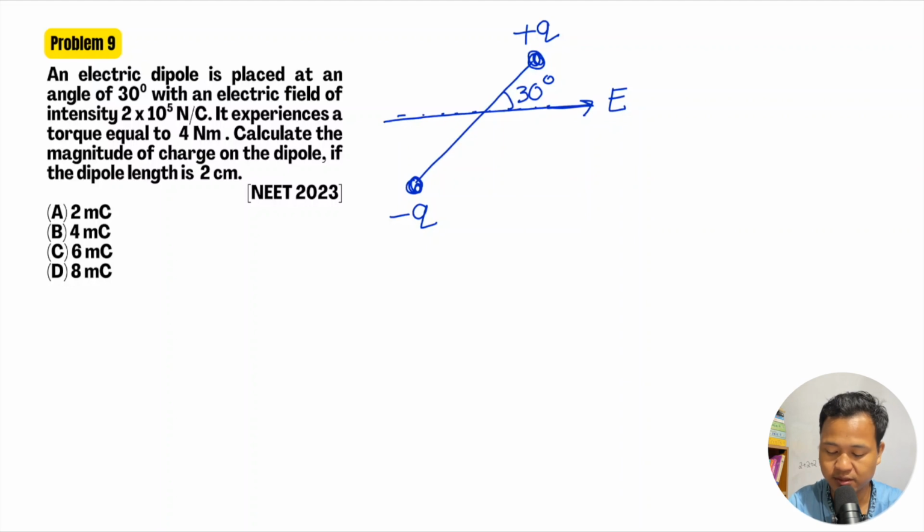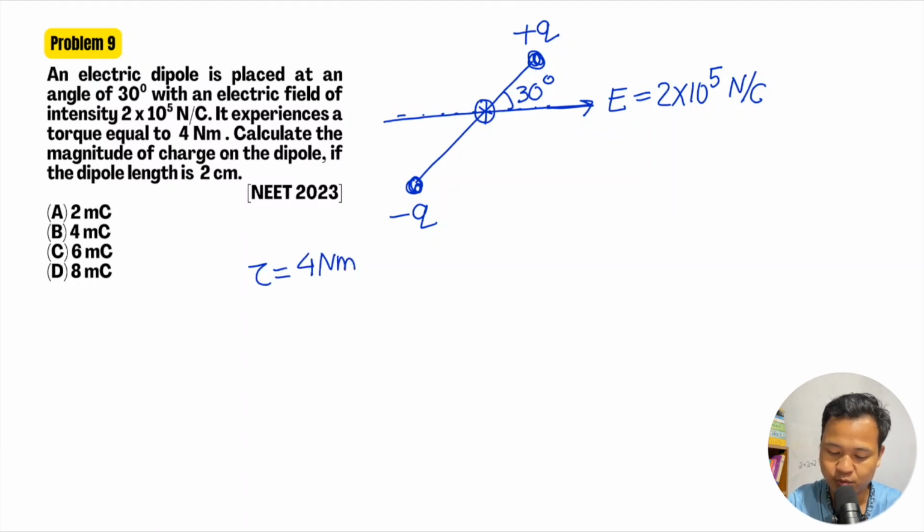Let's say this is a fixed point. The value of E is 2 into 10 power 5 Newton per coulomb, theta is 30 degrees. It experiences a torque, and the torque is given to be 4 Newton meter.